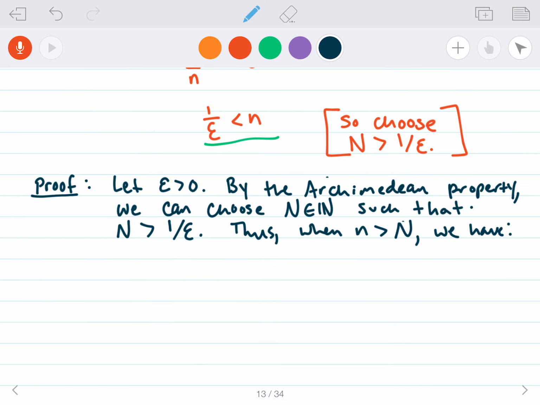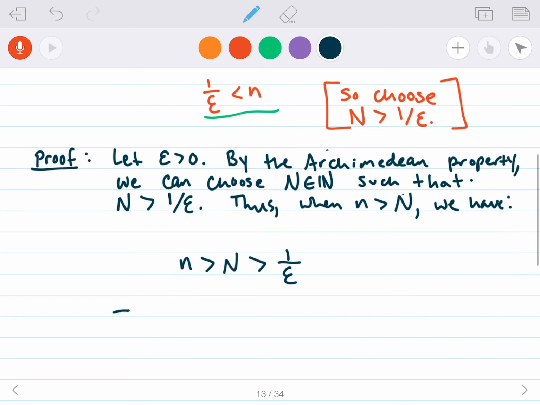Since we're assuming little n is bigger than capital N, and we're assuming that big N is bigger than 1 over epsilon, we have n is bigger than N, which is bigger than 1 over epsilon. And therefore, this tells me that little n must be bigger than 1 over epsilon.